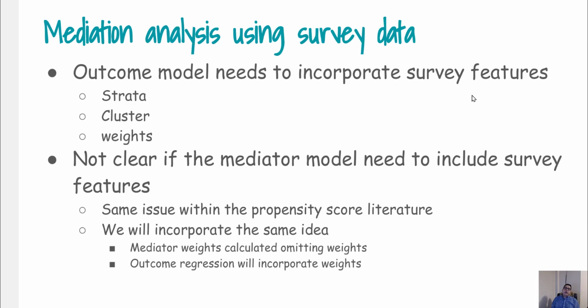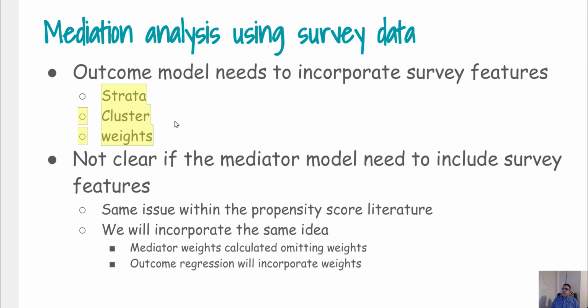Alright, so now let's talk about what happens in a survey data analysis context, right? One of the problems that we have seen earlier as well is that in survey data analysis, we need to incorporate the survey features. When we are doing our outcome analysis, we need to address the strata, cluster and weights to make the design.